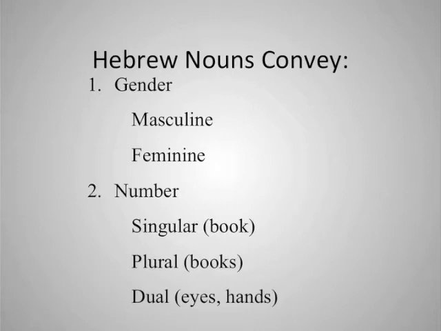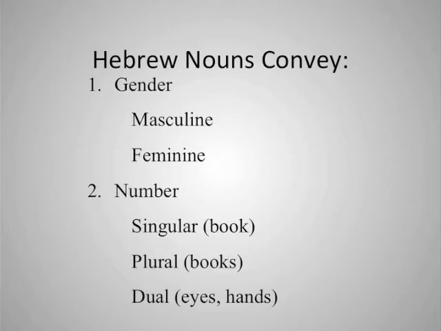So the noun eretz, for example, means earth, and eretz is actually a feminine noun. Now, we wouldn't have a natural distinction necessarily to automatically assume that earth has to be feminine, but in Hebrew, earth is automatically associated with a feminine gender.